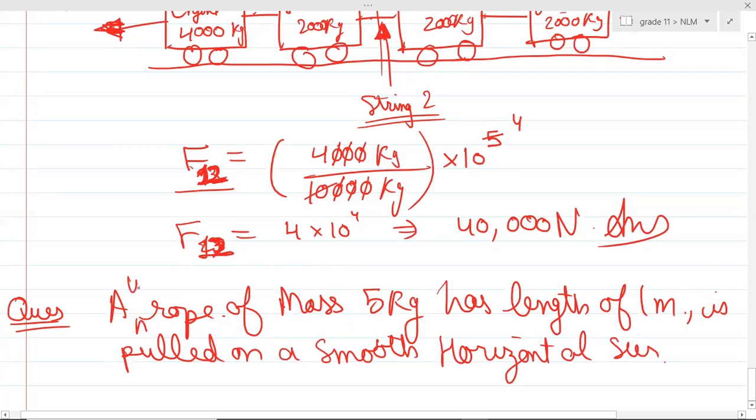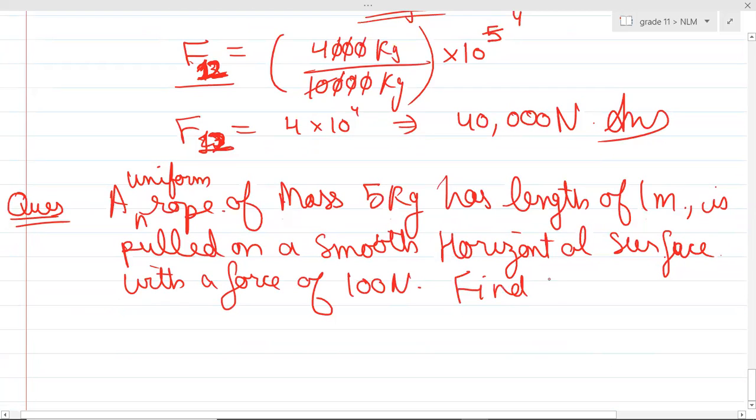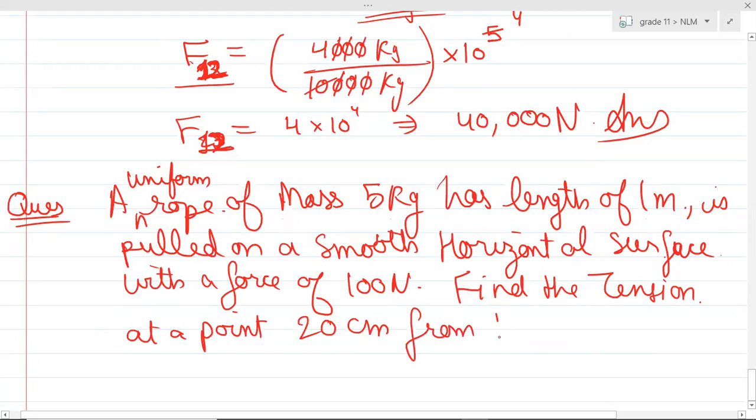And please remember, a uniform rope of mass 5 kg has a length of 1 meter, is pulled on a smooth horizontal surface with a force of 100 Newton. Find the tension at a point 20 centimeter from the other end of application of force.